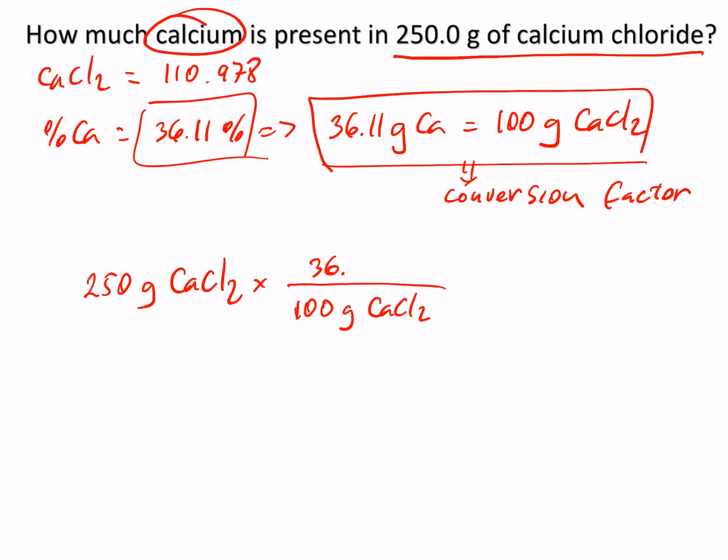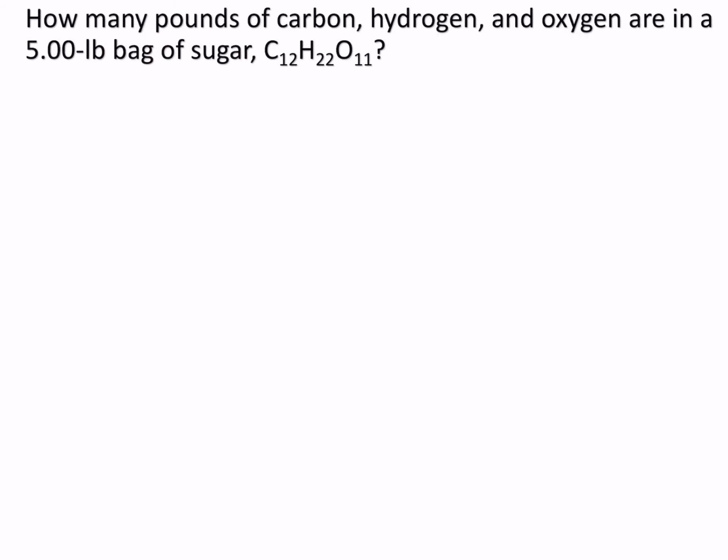And then we have 36.11 grams of calcium on top. Grams of calcium chloride cancel, and when you complete this calculation, you obtain 90.275 grams of calcium. And that's it.